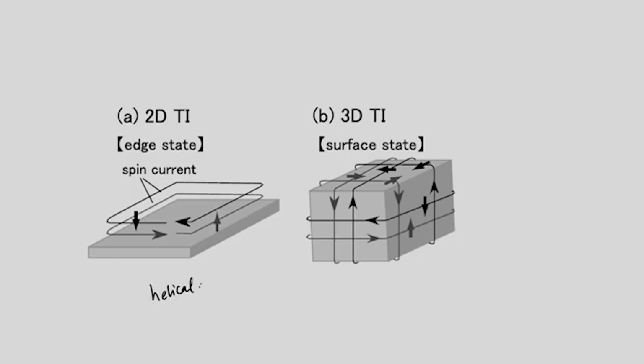And a similar scenario translated to 3 dimensions will have these surface modes present, whereas the bulk would still be gapped and non-conducting, whereas the surface will be conducting, and each surface will have such helical modes for the 2 different spin varieties.